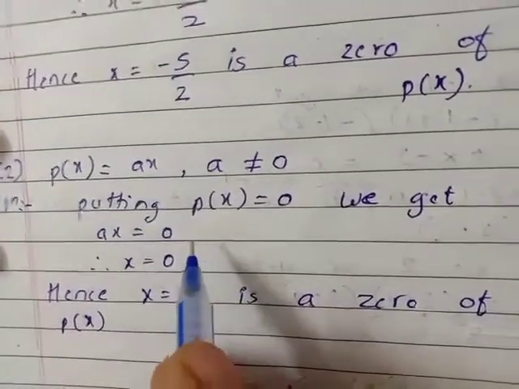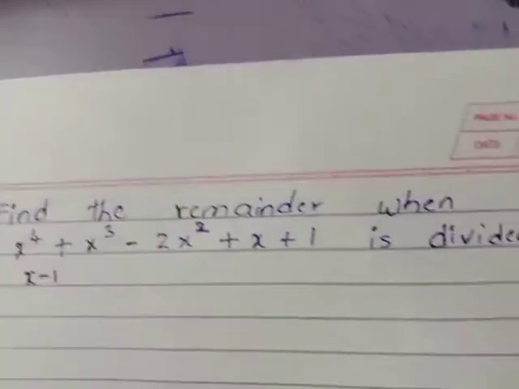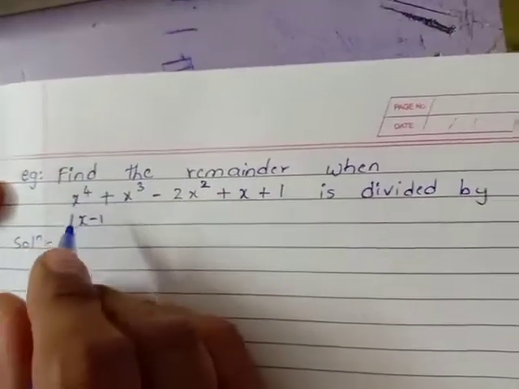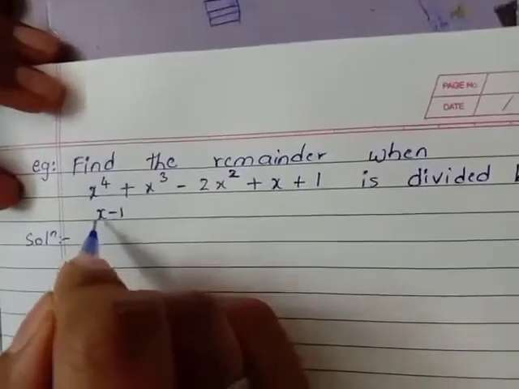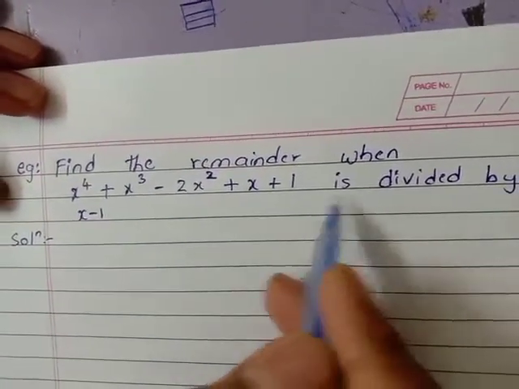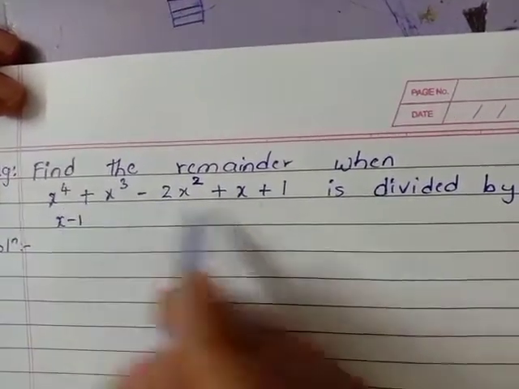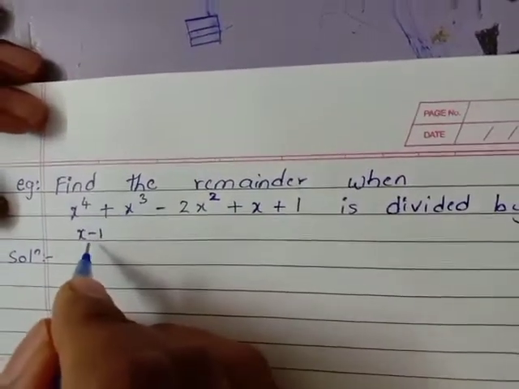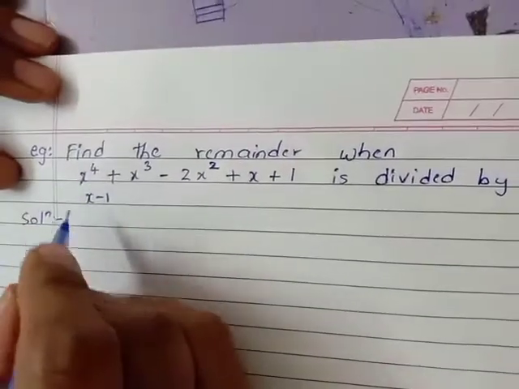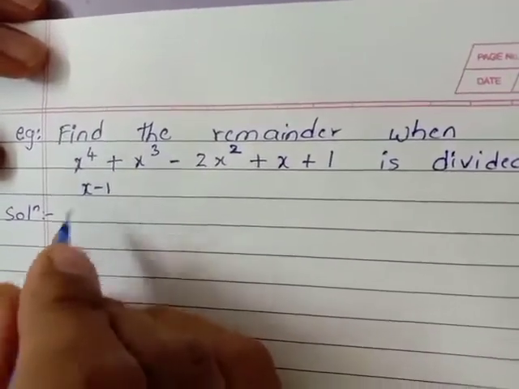Now here what we will be doing, we'll take the value of x. This equation is divided by x minus 1, so what will be the value of x? We'll find out the value of x first.